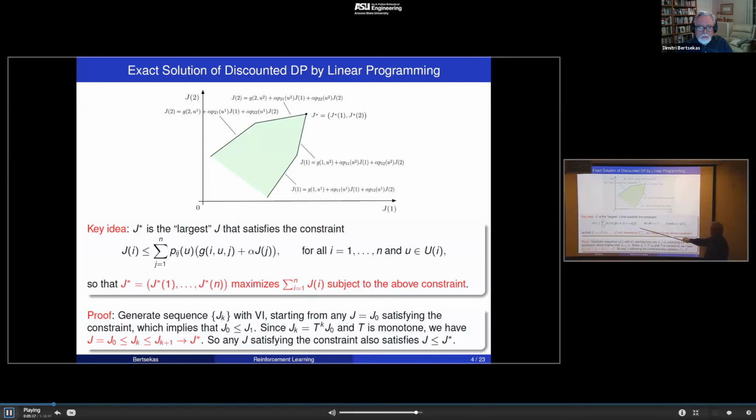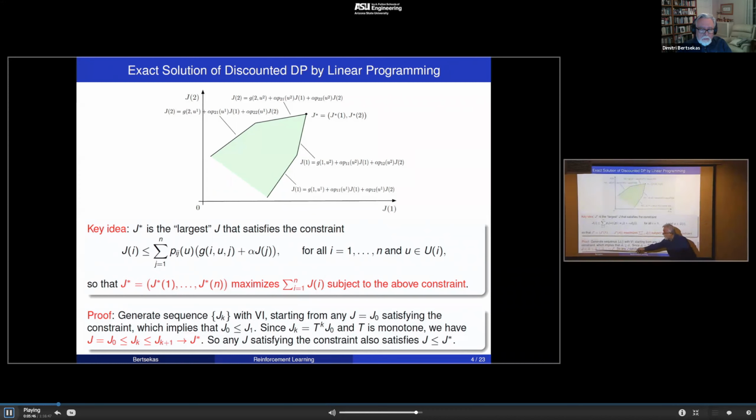That when I apply value iteration to it, I'm going to get something bigger. So the first value iterate satisfies this inequality, okay? The typical value iterate, the kth value iterate, is k value iterations applied to J0. And because T is monotone, if the first inequality goes to the right, all of them go to the right.